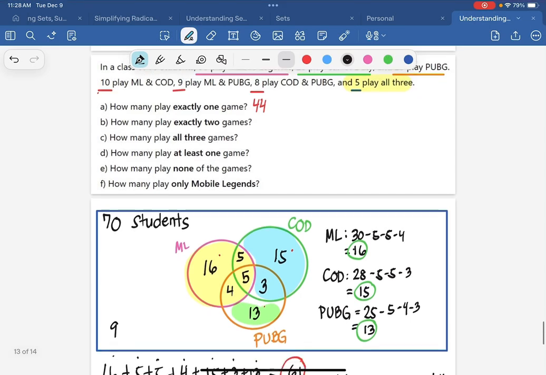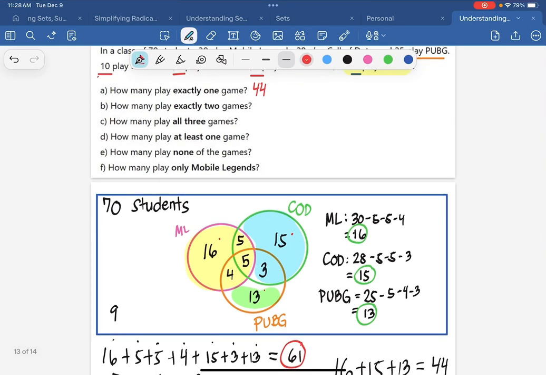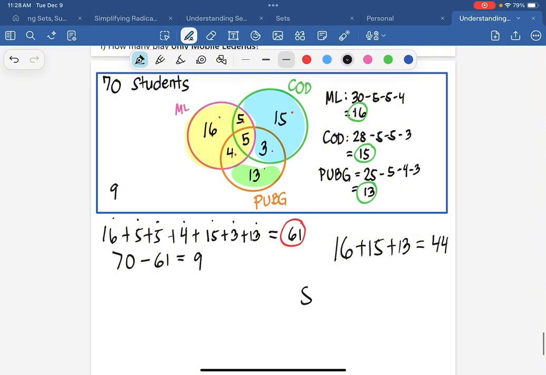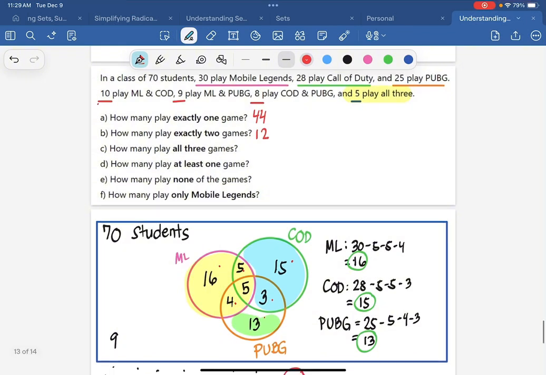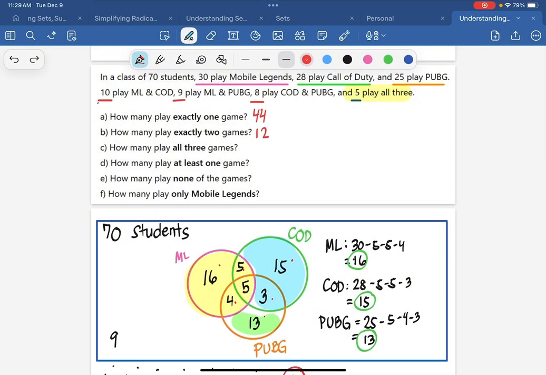Next, how many play exactly 2? So it focuses on this 5, 4, and 3. So 5 plus 4 plus 3 is 12. And how many play all 3 games? So obviously it is given, so we have 5. And of course, again, we are asked how many play at least once.